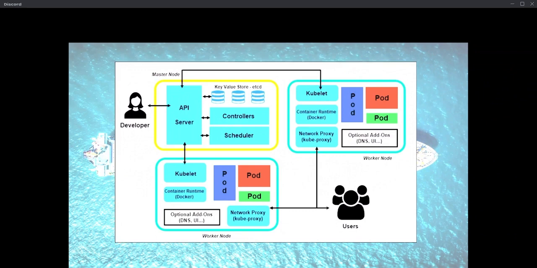Like you mentioned, Warlock, there are different types of container runtime. You can have containerd and other ones as well. Then you have pods inside of them, but you also have the network proxy on the worker nodes, like kube-proxy. If you want to make that Nginx server or web server public facing, you set that up through the network proxy, so that your users can access just the network proxy to serve out whatever content you need.